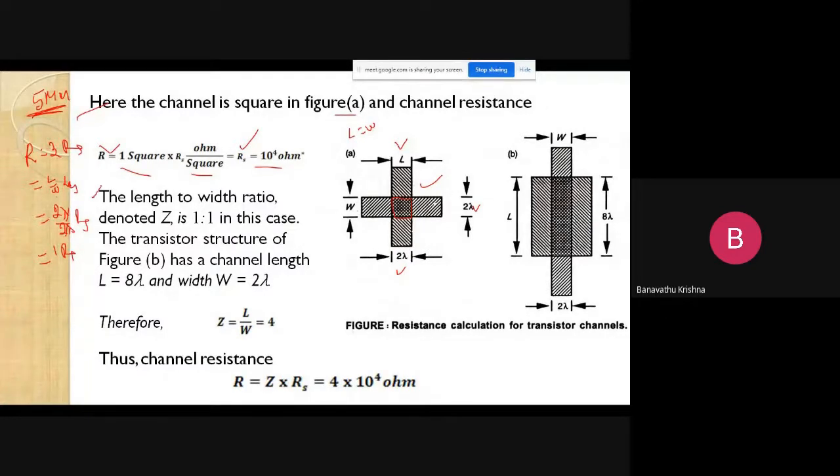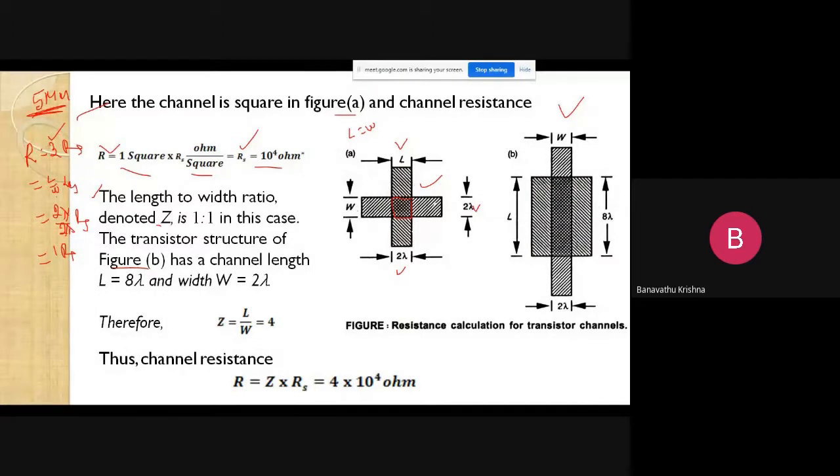Similarly, the length to width ratio is denoted as Z. In this case it is 1:1. Next is the transistor structure of figure B. Here the length is 8 lambda and the width is 2 lambda.